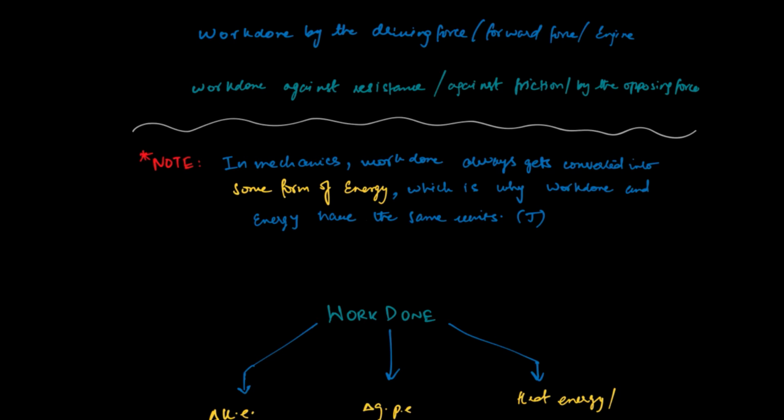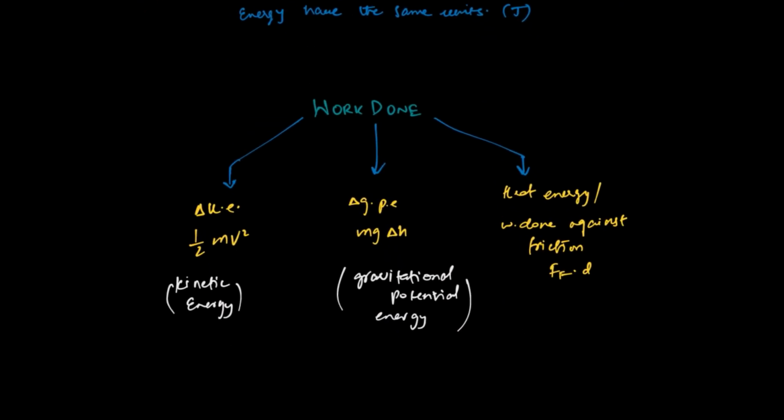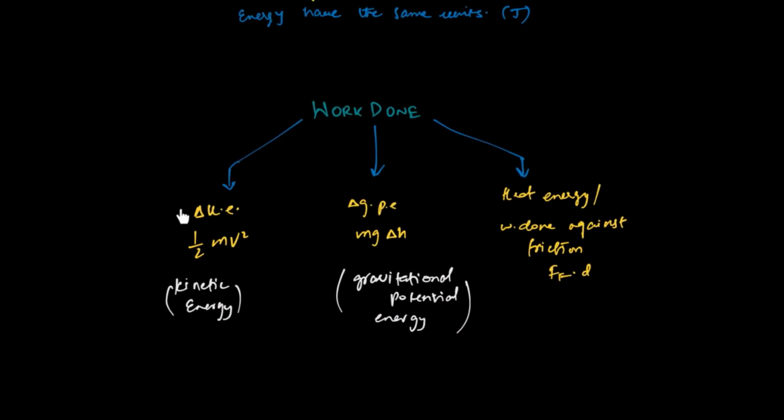So again, work done always gets converted into some form of energy. The forms of energy into which work done is converted are the change in kinetic energy, 1 upon 2 mv squared, the change in gravitational potential energy, mg delta h, and heat energy, or work done against friction.